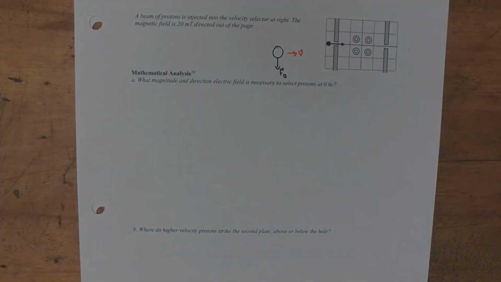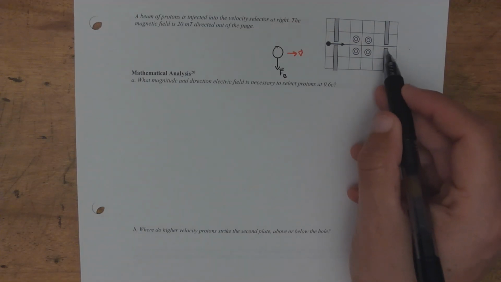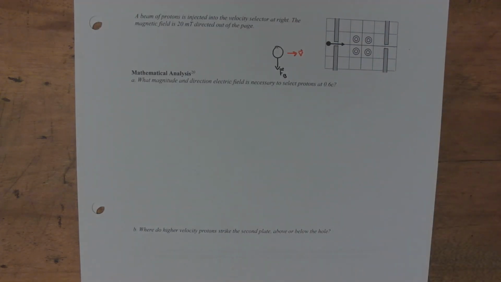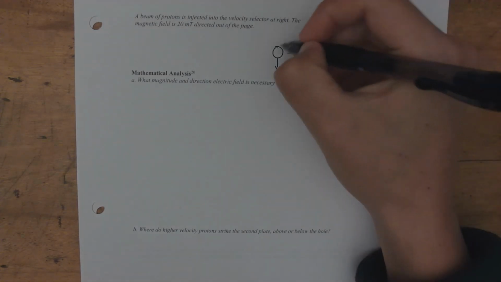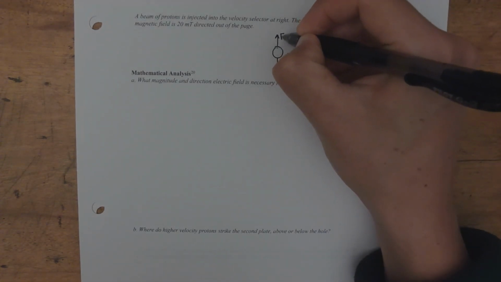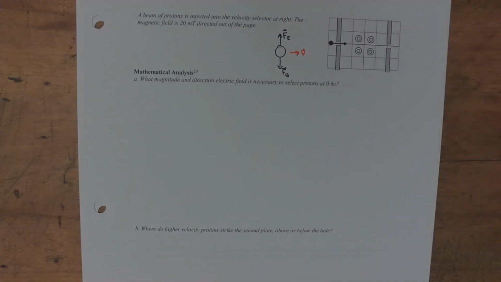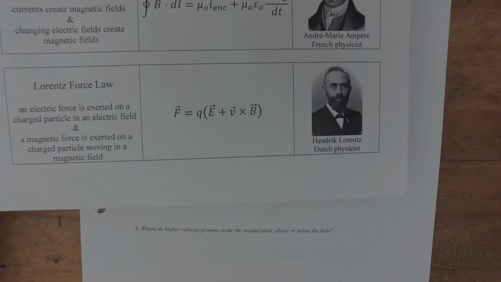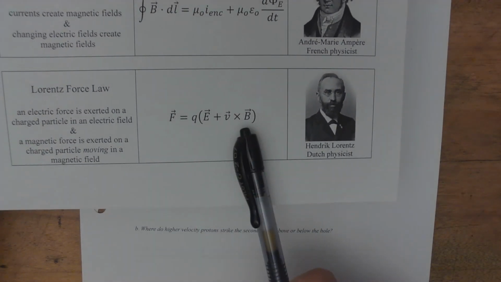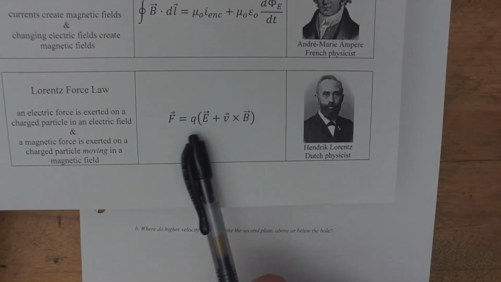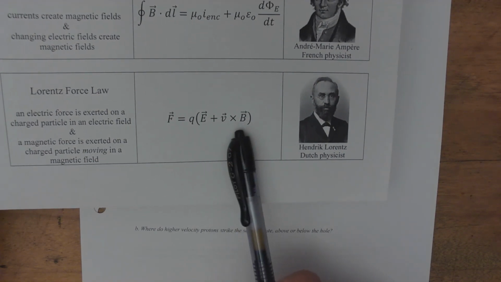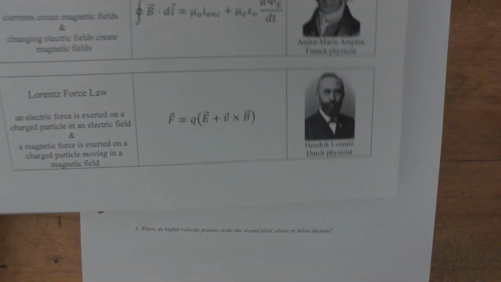And so if the particle is going to go straight through, it can't accelerate in the vertical direction. And so we must have the electric force pointing upward to balance out the magnetic force, which is going downwards. And we could actually write both of those forces using the Lorentz force law, which includes both the electric force and the magnetic force, which is acting on the particle.